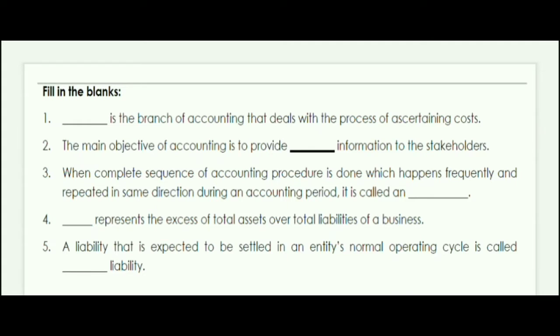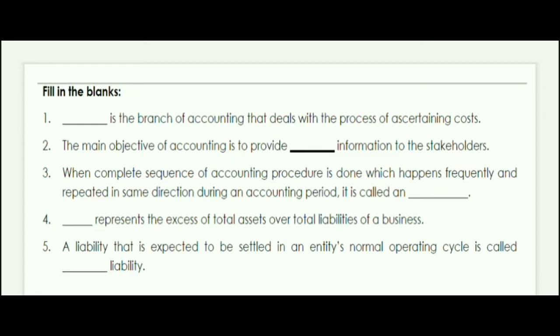Before the answer, I repeat the question once again: the main objective of accounting is to provide blank information to the stakeholder. What information do you have to provide? Financial information to the stakeholder. So the answer will be financial information. I hope this is clear to you now.